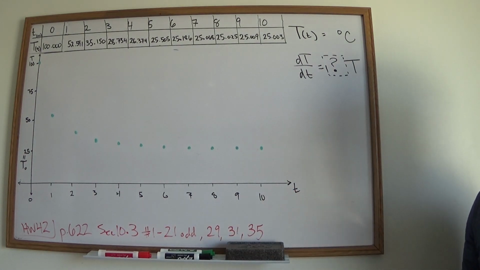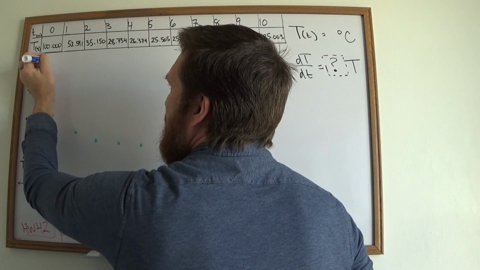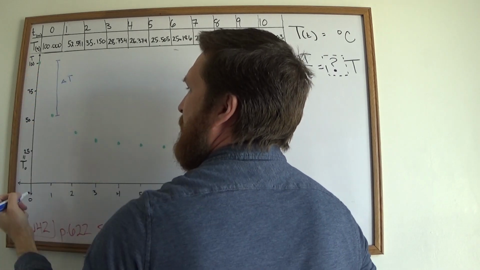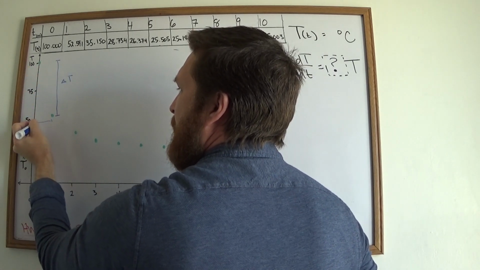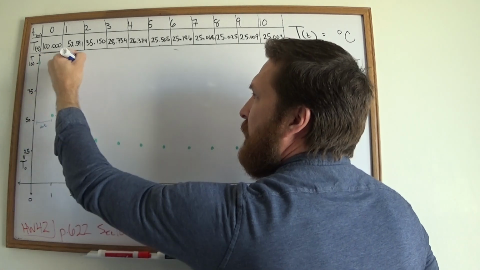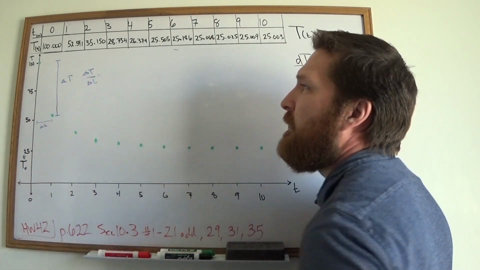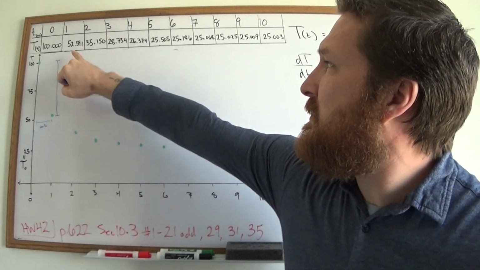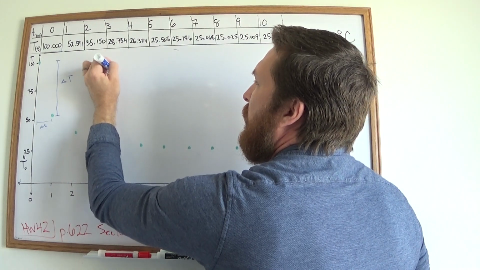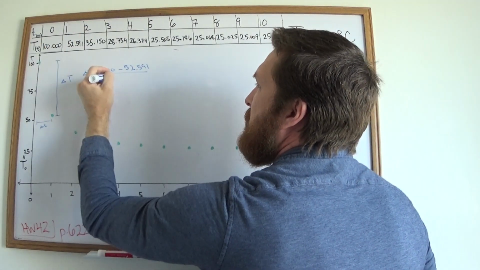If I think about the change in big T from here to here, and this would be my change in little t, then delta big T over delta little t would be 100 minus 52.591, all over 1 minus 0.